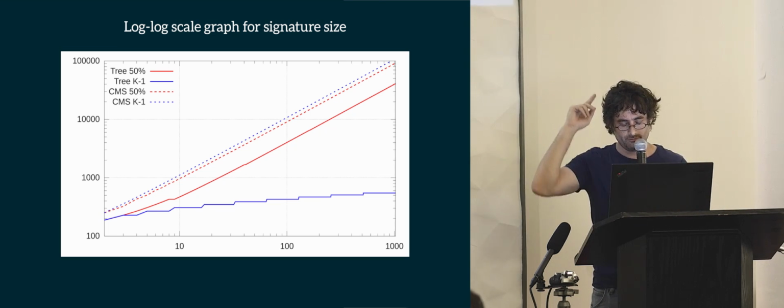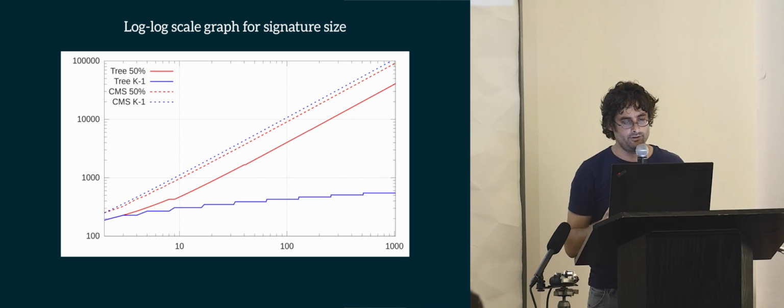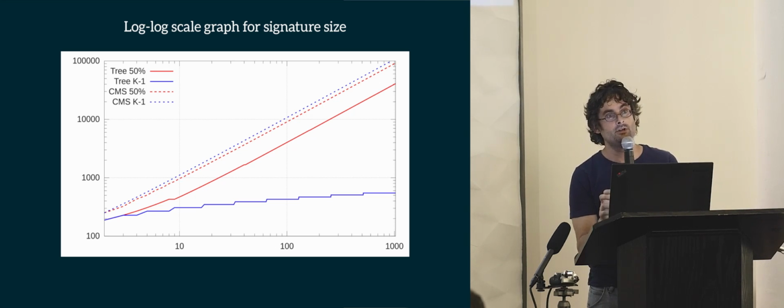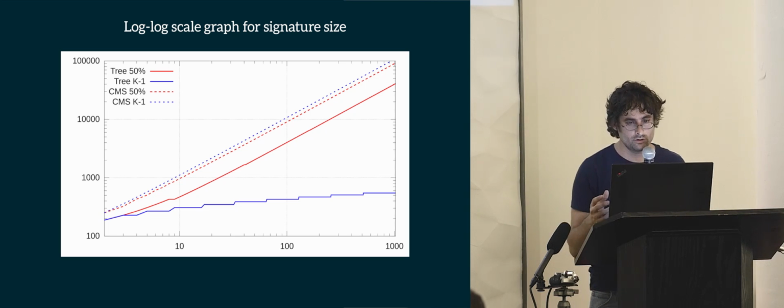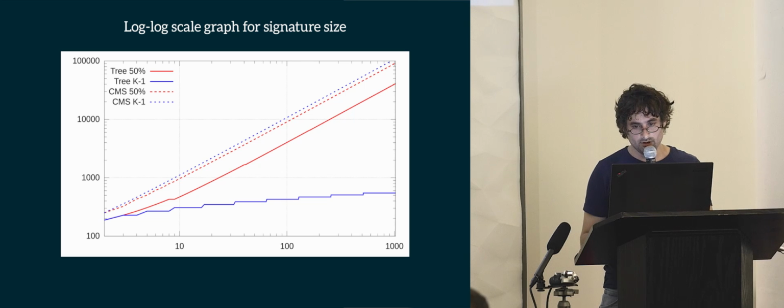Oh, sorry, that's the next graph. So this is the size. So 100 kilobytes is the largest transaction that can fit in a Bitcoin block. So that's the limit.